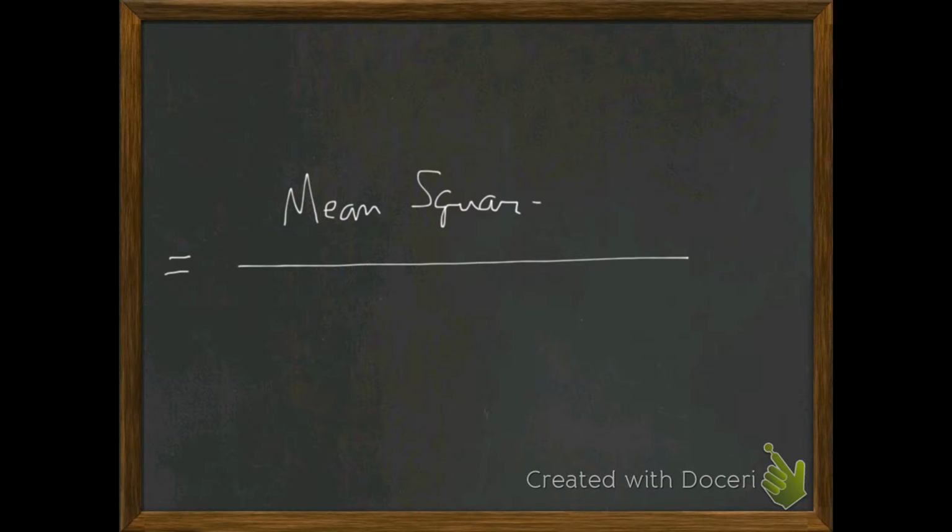And what he called the numerator is the mean square of the factor term. And in some textbooks you'll see this called the group term.